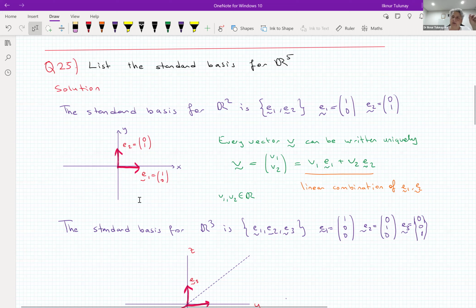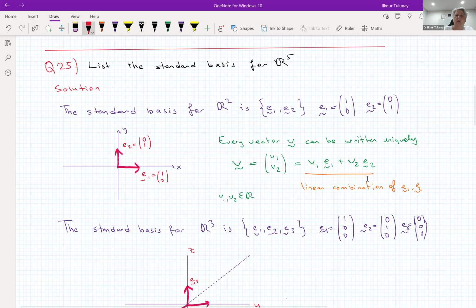What is the significance of bases is this key idea here. For every basis, every vector V can be written uniquely as a linear combination of the basis elements. So if you think about any vector with components V1, V2, it is obvious for this E1, E2 satisfying this condition, because this is (1, 0), that will give you the first component, then this part will give you the second component.